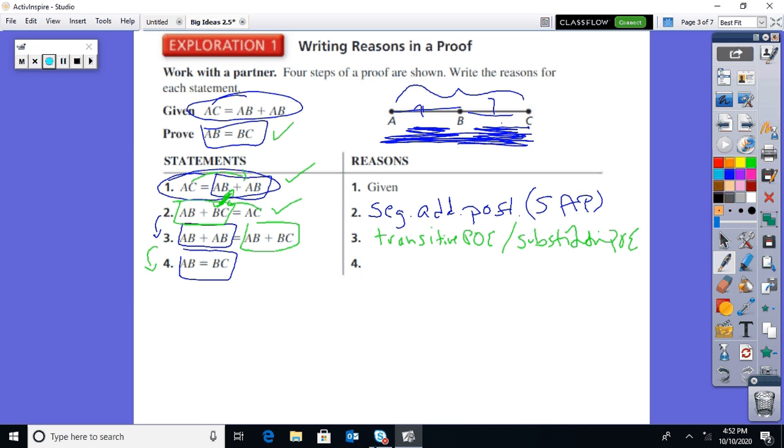Well, they subtracted an AB on both sides of the equation. So they crossed them out, or subtracted. So this is the subtraction property of equality. You can see here that we're using postulates and properties to get to where we want to be. And that is the ultimate goal.